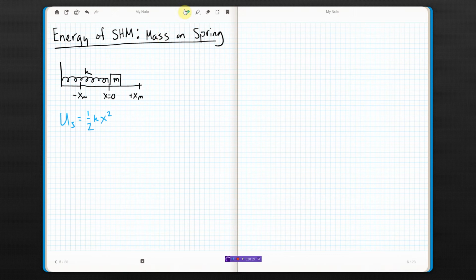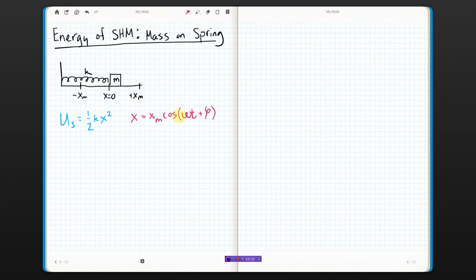But see, now we have this new equation of x being based on time, and it's based on the equation for simple harmonic motion. So that was xm cosine omega t plus phase angle.